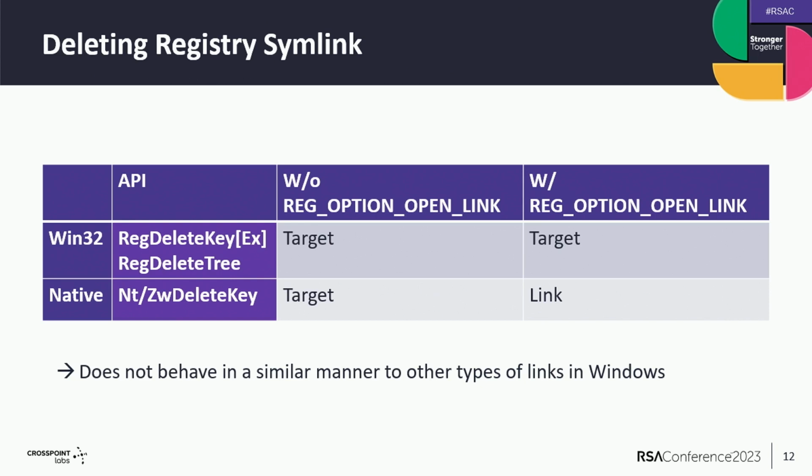Otherwise, you will also risk deleting the target rather than the link. If you are operating in the kernel mode, you obviously would need to call the native APIs, Nt or Zw DeleteKey, and then also you need to ensure that you are opening the key with this option. Otherwise, you will also delete the target.